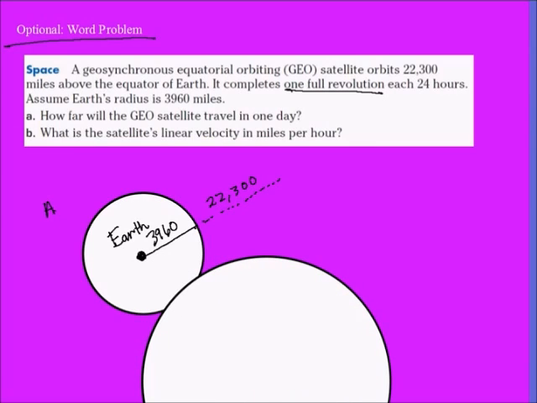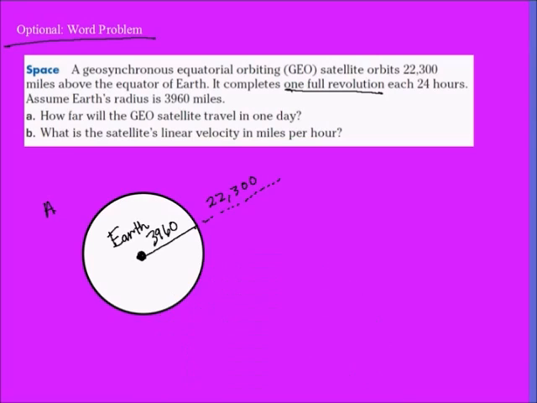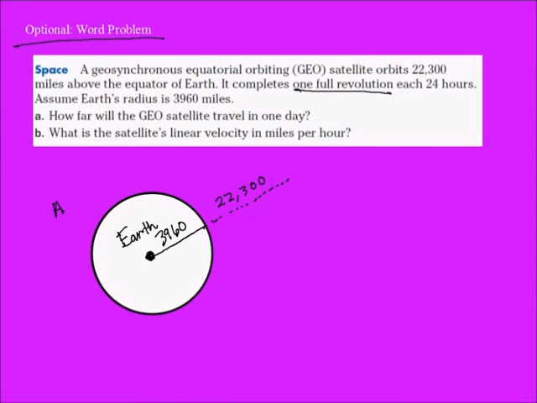Nah, I'm not gonna try that. But anyway, if you can picture this in your notes, there's a bigger circle to be concerned about. Okay, and I'm not gonna go all the way around, but there's a circle that goes around with radius. You got to add these two together.